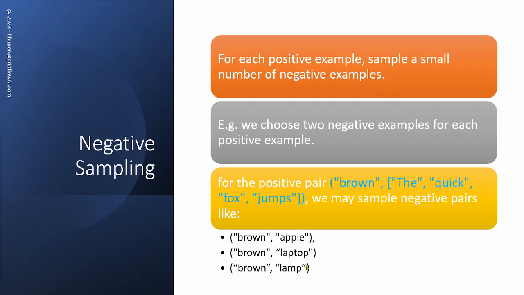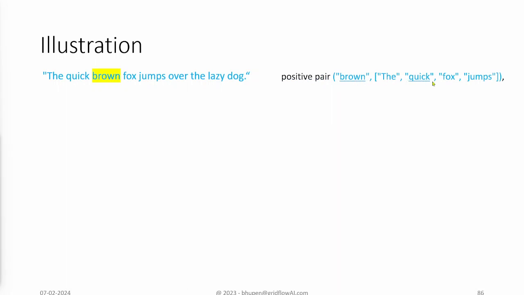It could be any vocabulary word in the corpus. So for each of the positive pairs, we are generating a few negative samples as well. Let's look at it in slightly more detail. For example, here, quick brown fox jumps over the lazy dog. The positive pair is brown, and the rest of the words here are the context words.